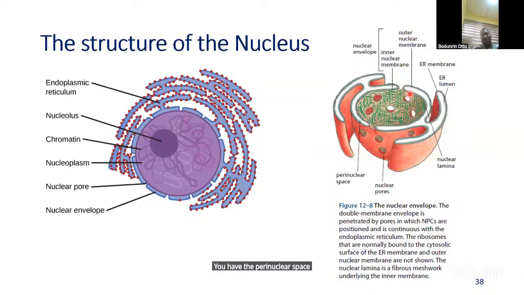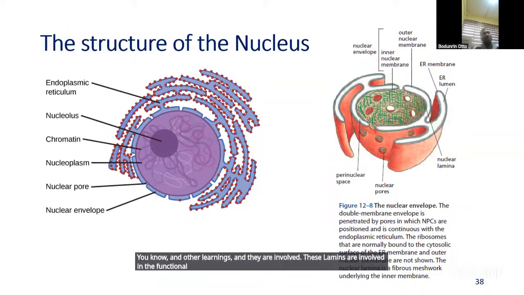So they are different, right? So please note, then you have nuclear pores, and then nuclear lamina. In this nuclear lamina, you have lamins. They consist of intermediate filaments. So you have A-type lamins, B-type lamins, and other lamins. These lamins are involved in the functional organization of the nucleus.